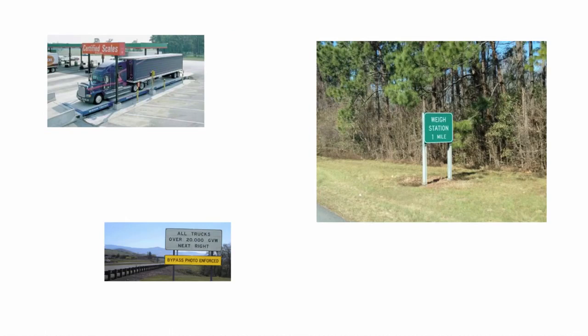One way to think about this lesson is using the right scale or using the right unit. This here, it's a picture of a truck, a big truck that you might have seen one of these weigh station signs, or a sign like all trucks over 20,000 something next right. They're gonna get you if you don't pull over. They're gonna get your license plate.